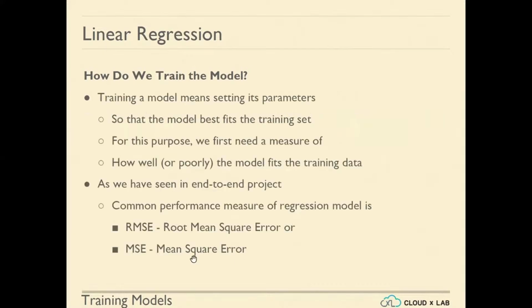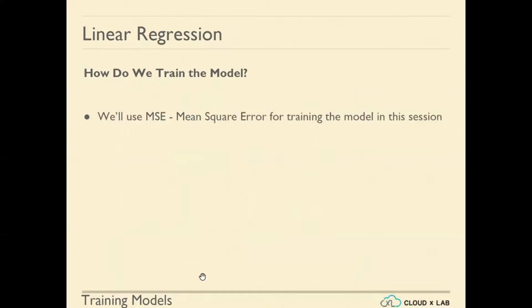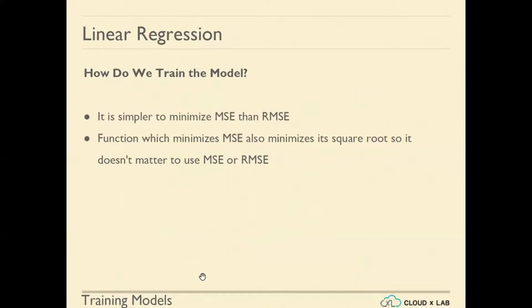Now, if you want to use the square error, you have two options. Either you can use the root mean square error, or you can use the mean square error. Even if you use RMSE or MSE, you will get the same solution, right? So the solution will not change. But if you are using MSE, it is simpler to minimize MSE than RMSE, because in RMSE we have to perform one more step, the square root, right?